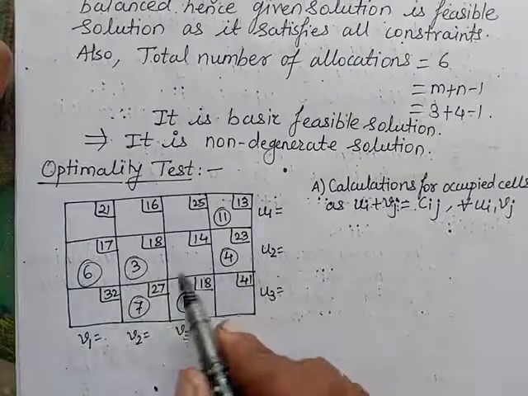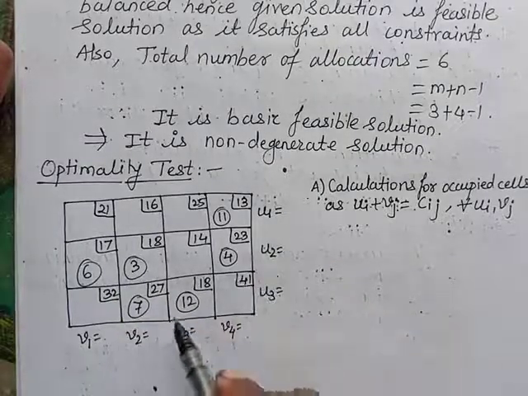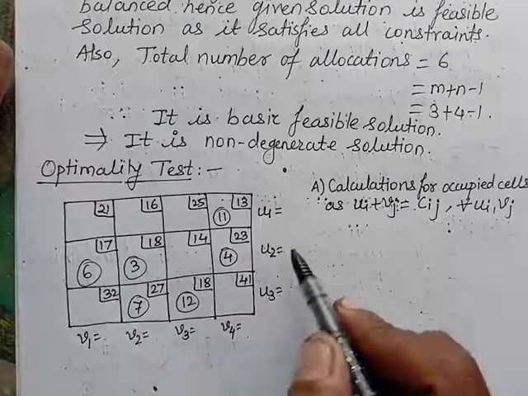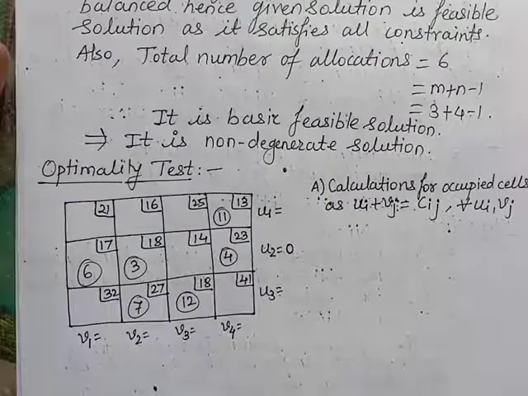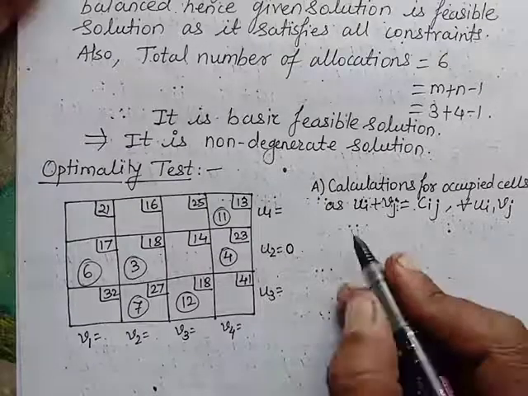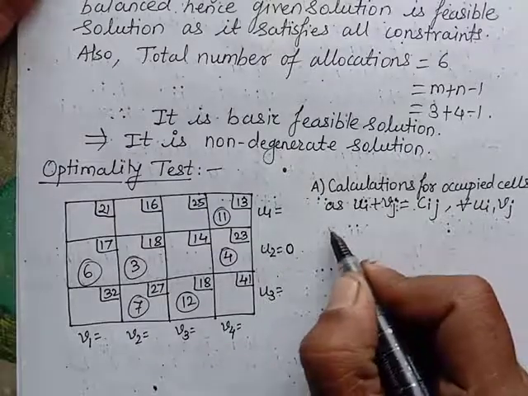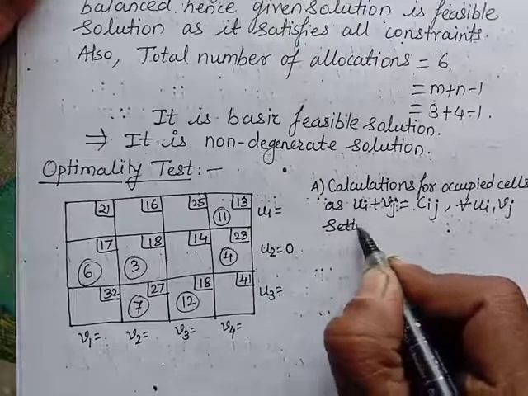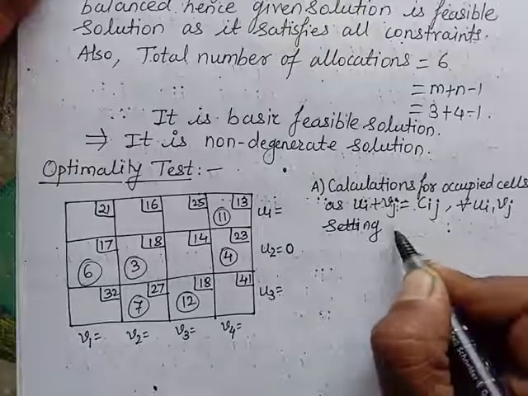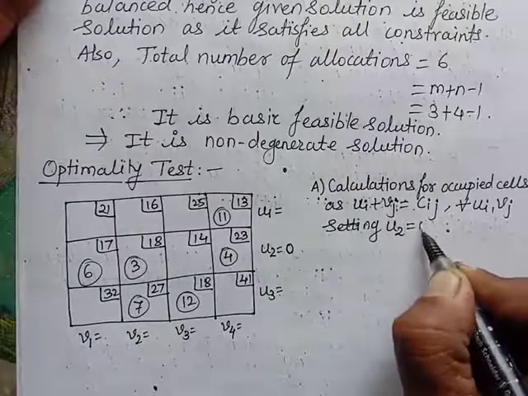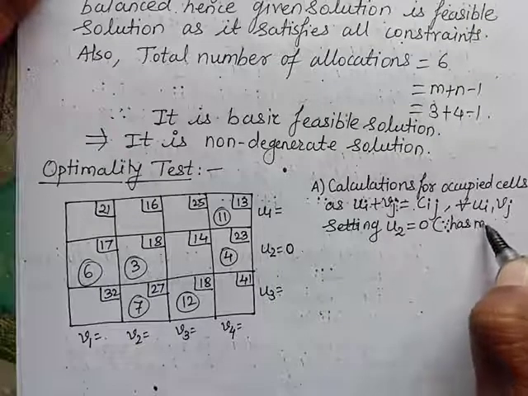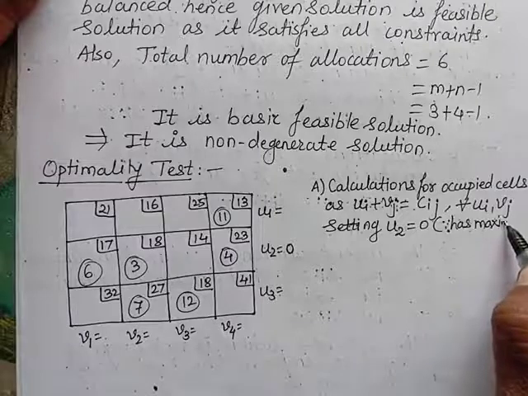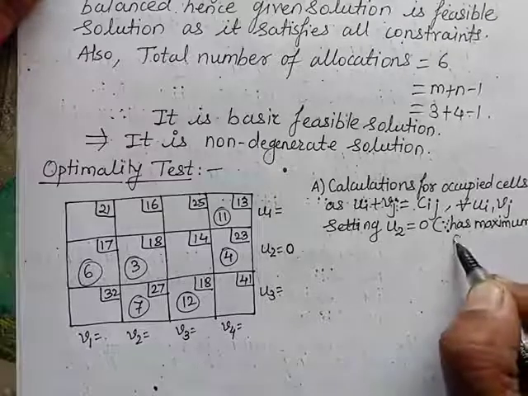The second row has 3 allocations, the third row has 2 allocations, so the second row is suitable to set as 0. So let me write: setting u2 equal to 0 since it has maximum allocations.